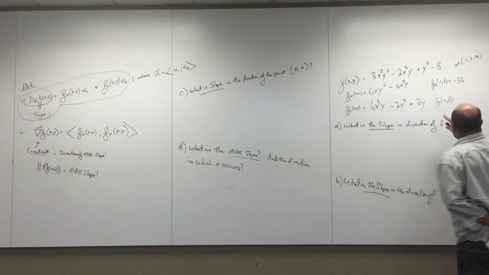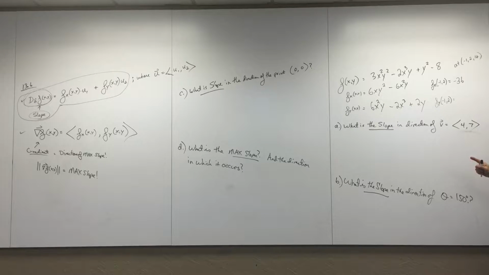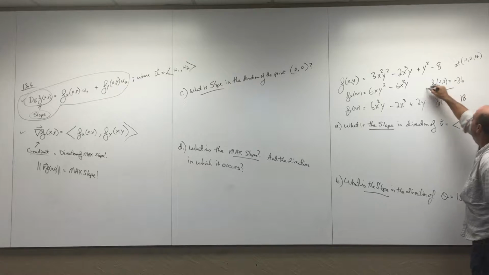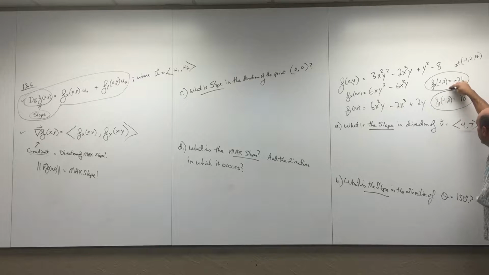When I plug in the negative 1, 2 here, 12 plus 2 is 14 plus 4. I think I just got 18. So it's negative 36 and 18, I think. Never made a mistake before, but I could today.